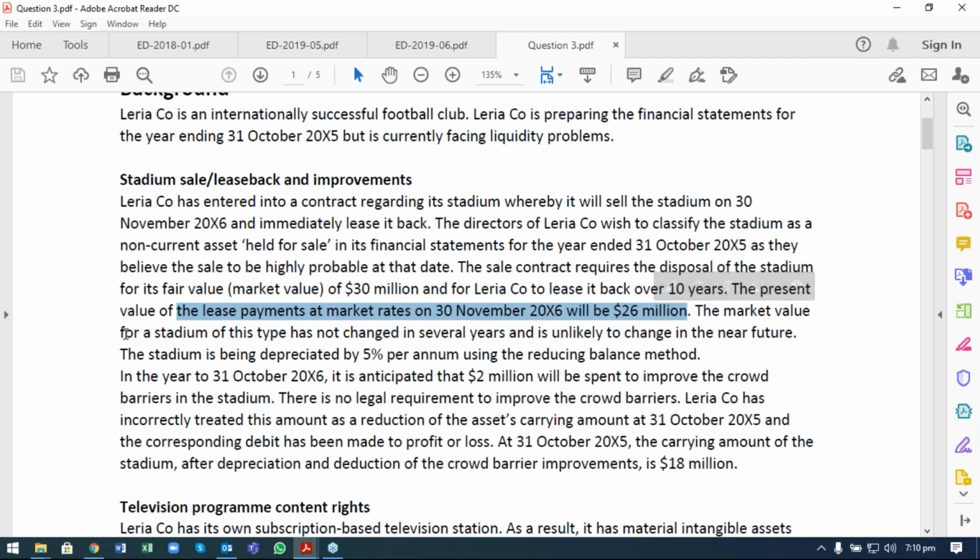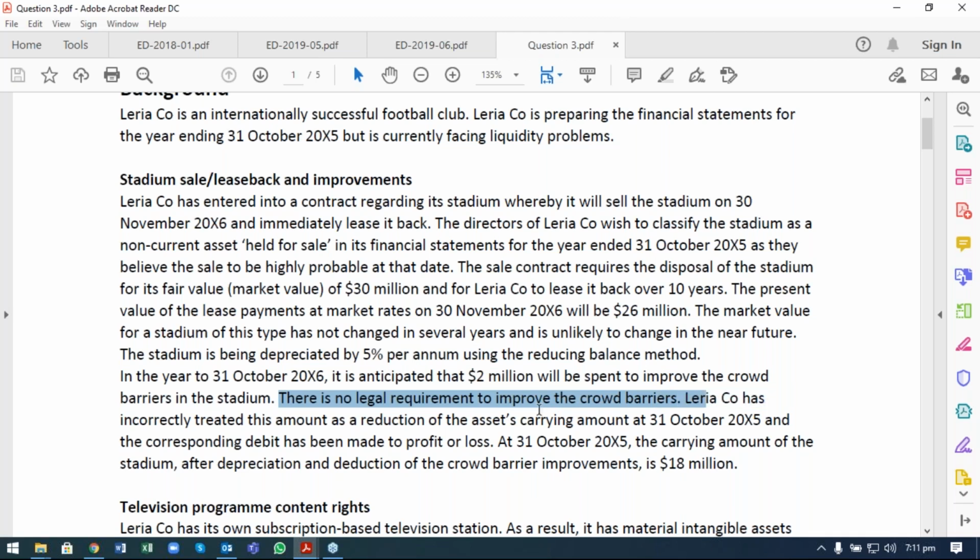The market value for a stadium of this type has not changed in several years, and it's unlikely to change in the near future. The stadium is being depreciated at 5% per annum using the reducing balance method. In the year to 31st October 2006, it is anticipated that 2 million will be spent to improve the crowd barriers in the stadium. There is no legal requirement to improve the crowd barriers.